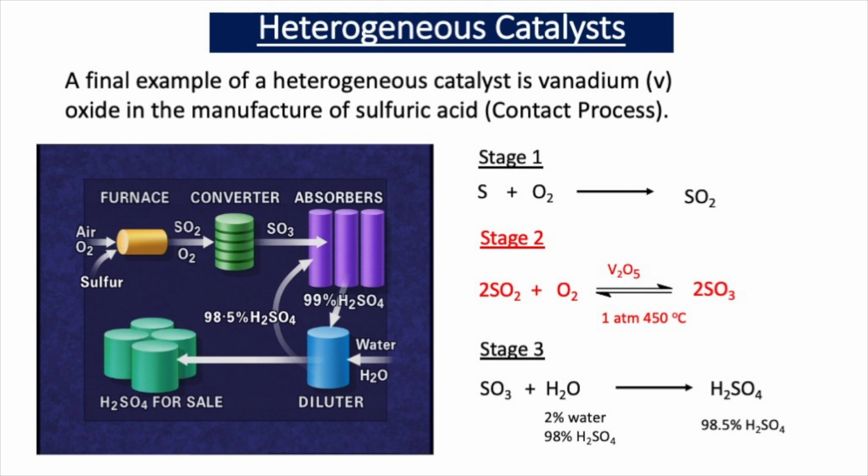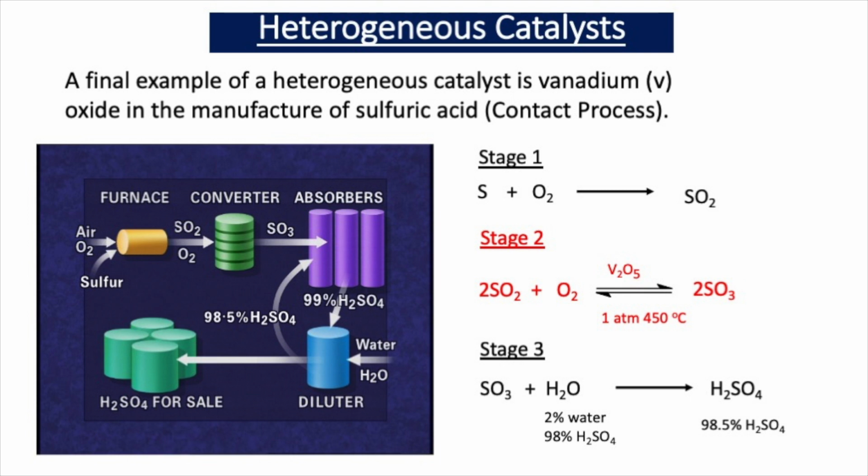And the sulfur dioxide is then reacted with more oxygen in a reversible reaction to form sulfur trioxide. And it's this stage that requires layers of vanadium(V) oxide catalyst. And this catalyst provides a surface for the molecules of gas to adsorb onto, and then the reaction takes place.